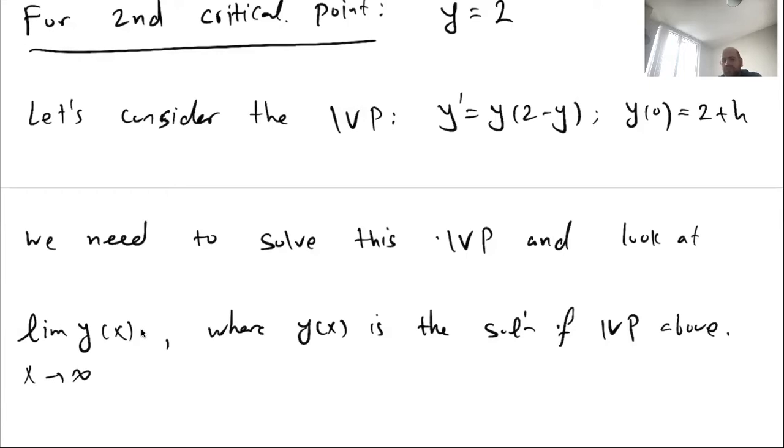But if the limit as x goes to infinity suddenly changes, like in the previous case, where it jumped from 0 to 2 even though the initial condition changed very slightly, in that case, we would say the point is unstable. So let's solve this equation and look at the limit of the solution as x goes to infinity.